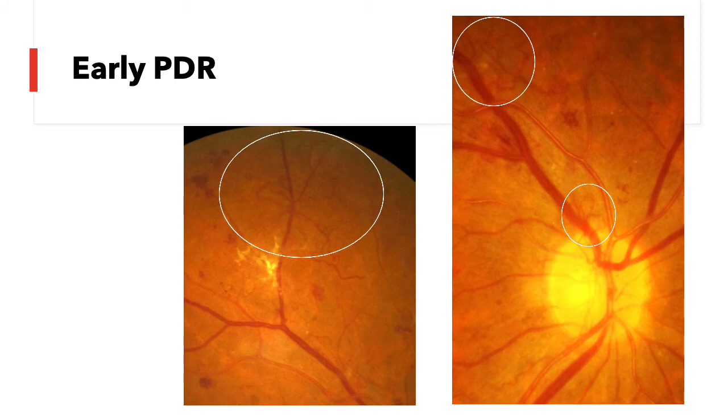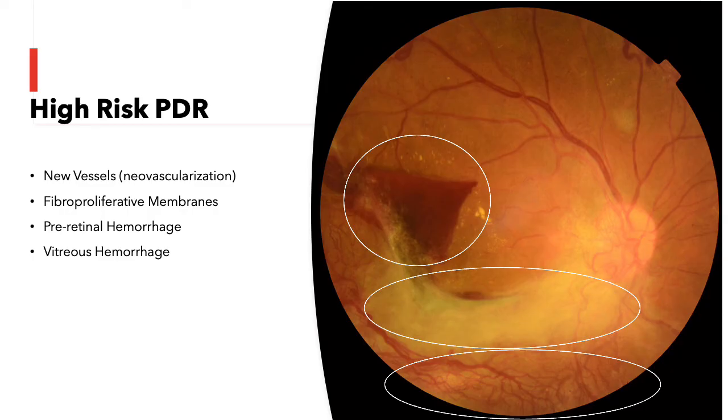When we go to the early proliferative diabetic retinopathy, we look for signs of new vessel formation or neovascularization. And when you have formation of fibroproliferative membranes and vitreous hemorrhage, this is already the advanced stage called high-risk proliferative diabetic retinopathy.